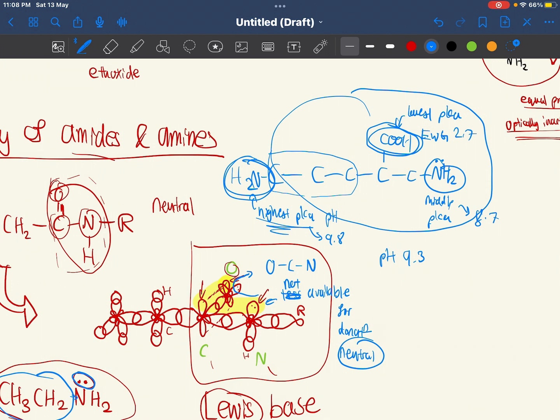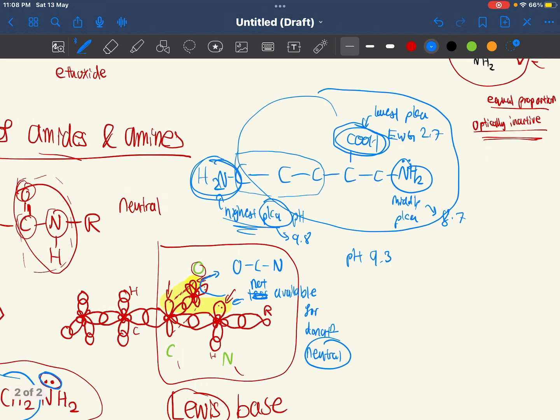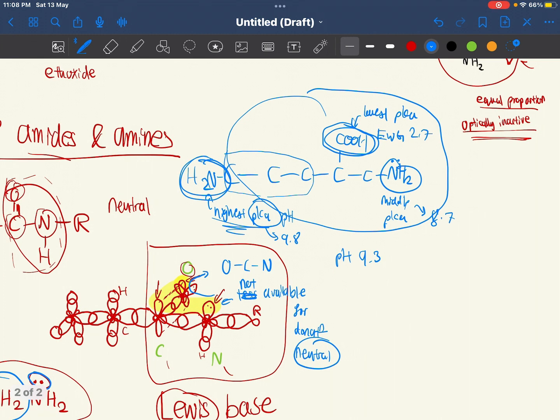So any pKa value below pH 9.3, we think of as the neutral ones, like pH 7. So we have a pH that's higher than the pKa value of the COOH group and the NH2 here.